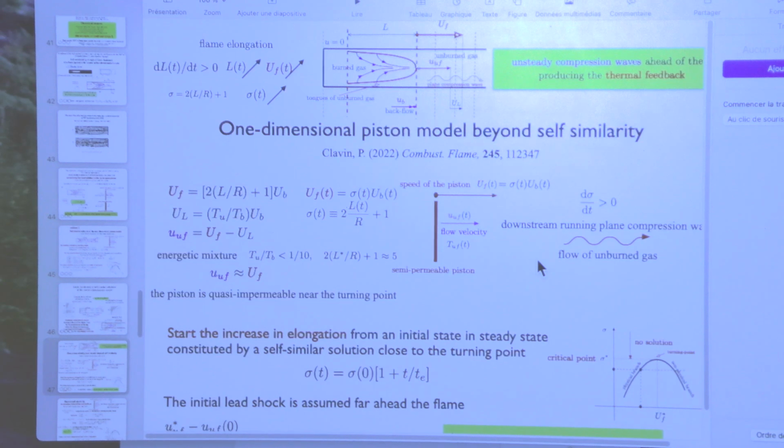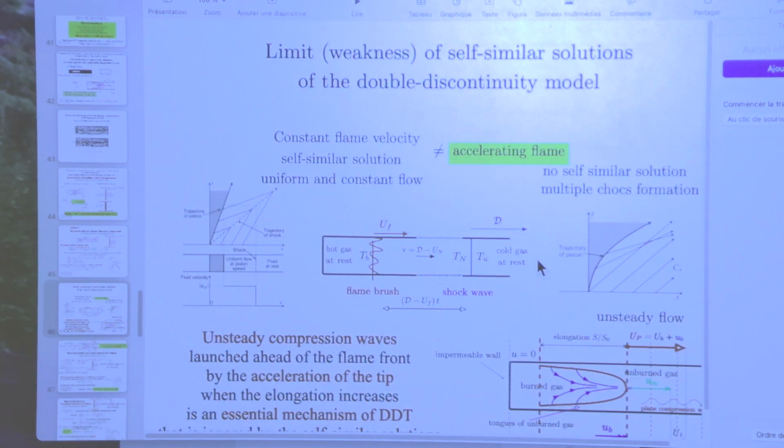There is no solution, even when you take into account the acceleration, beyond a certain flame velocity or a certain elongation, beyond a critical elongation.